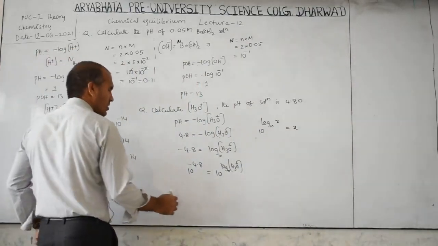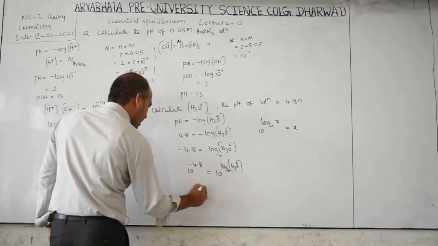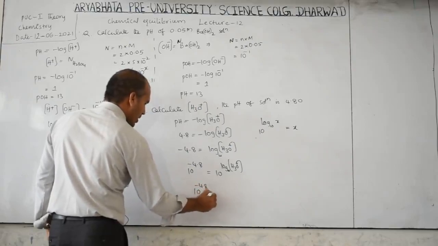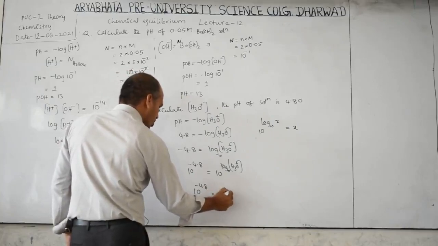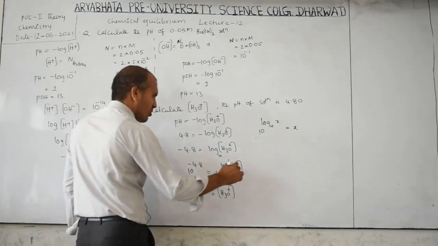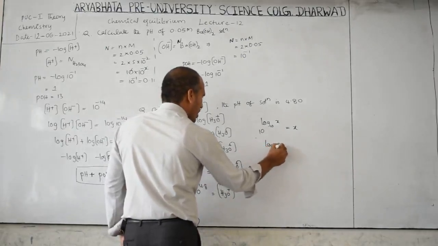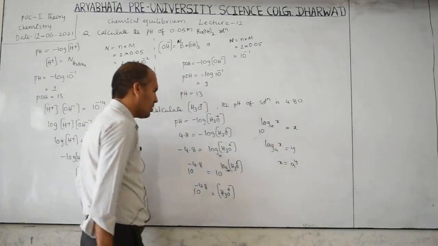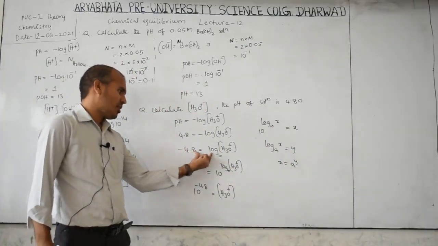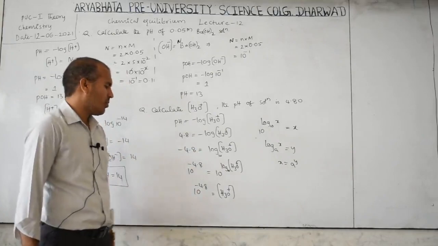Based on that, 10 power minus 4.8 is equal to x, meaning H3O plus. Otherwise, in this form too: if log base a of x is equal to y, then x is equal to a power y. So we can write this equation like this also, there is no problem.